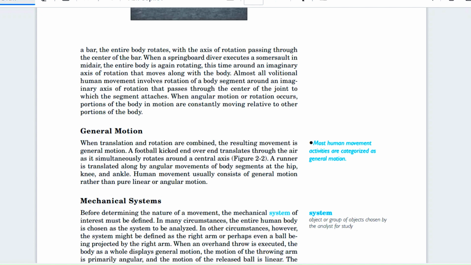Now we are going to discuss the small point that is mechanical systems. Mechanical systems in motion analysis: before analyzing a movement, it is important to define the mechanical system of interest. That means the system could be the entire human body, a single limb, or even an external object. Before starting any analysis, you have to understand which part of the body you are going to discuss.